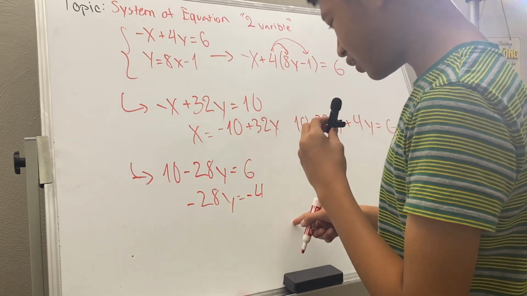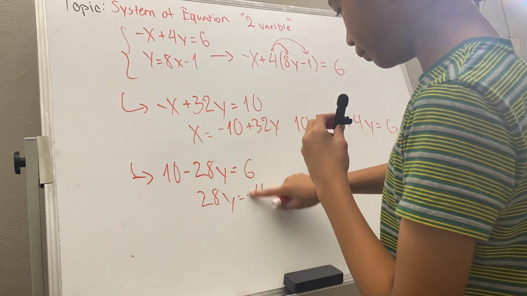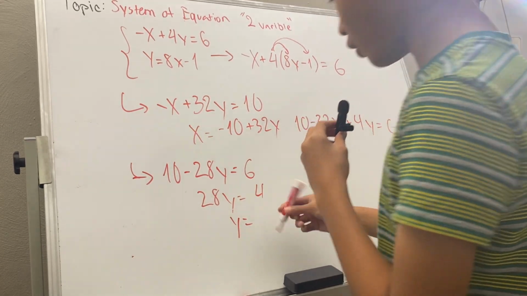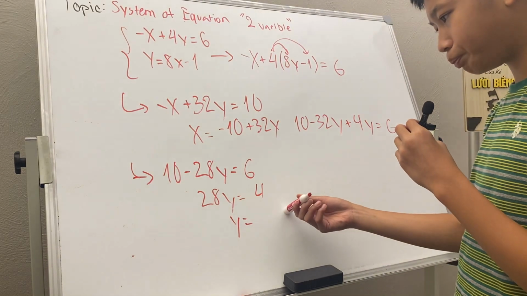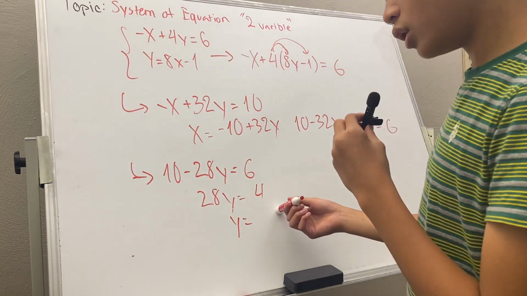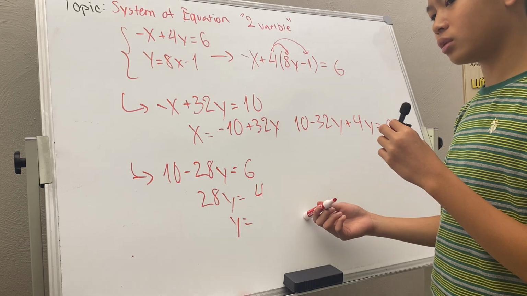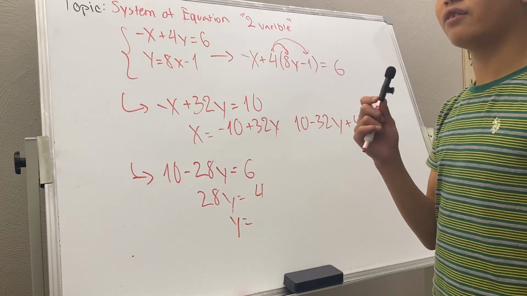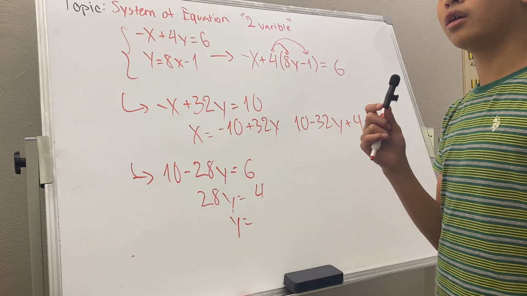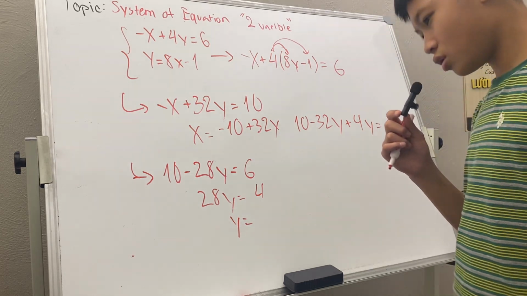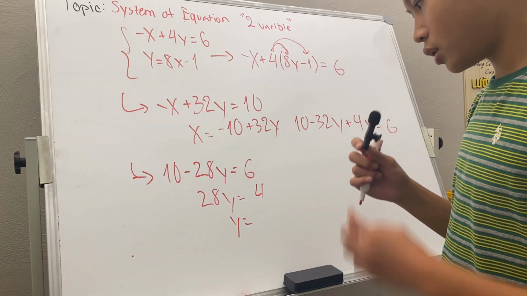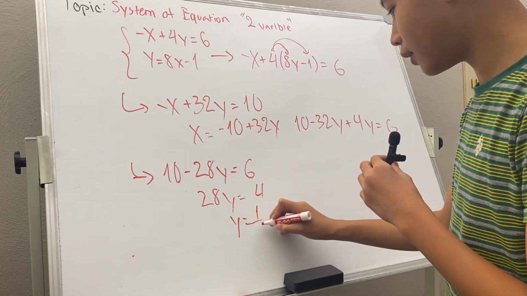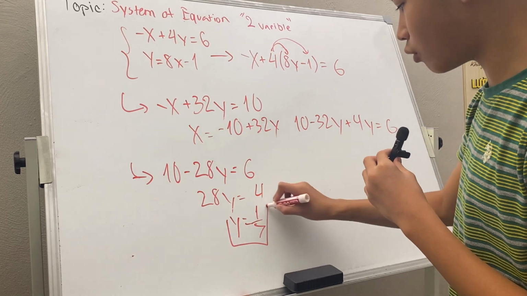Divide by negative 28, so you get 4 over 28. Reduces by 4, can it? Yeah, you can reduce this to 1/7. So that's the answer for y.